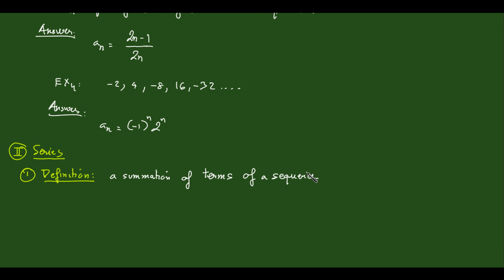And because it is summation, we're going to use some Greek notation, a Greek symbol, to represent this summation. The Greek letter I use to represent this series or summation is sigma.